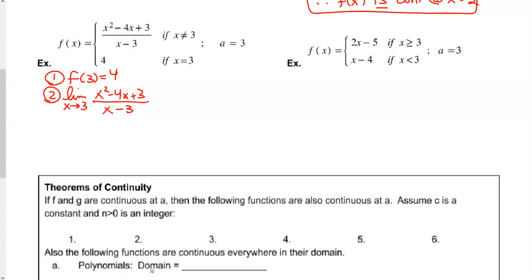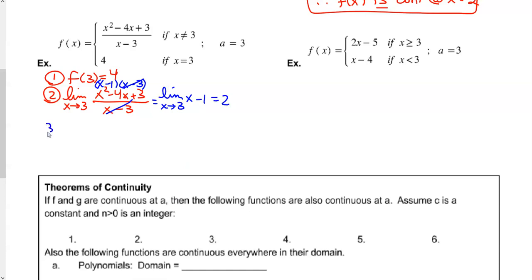Hence, when we have 0 over 0, we must end up trying to factor the top, is what I would try first. So if I factor that top, I get an x minus 1 and an x minus 3. Therefore, this and this cancels. So I'm looking at the limit as x approaches 3 of x minus 1. Now plug 3 in, and I get the value of 2.